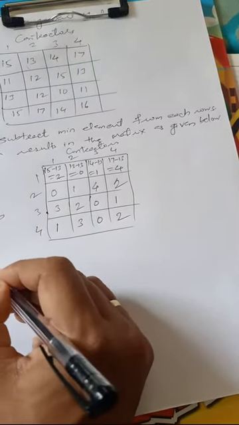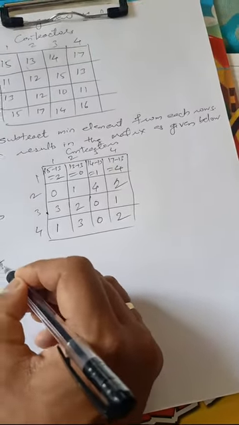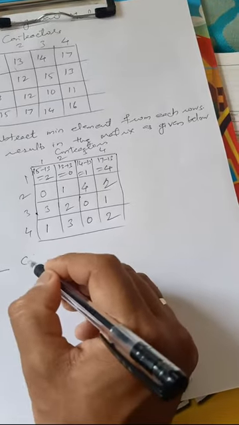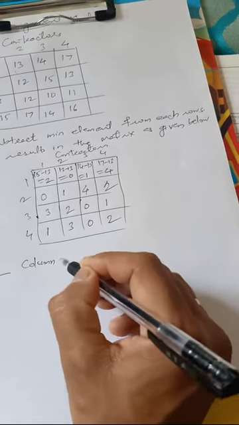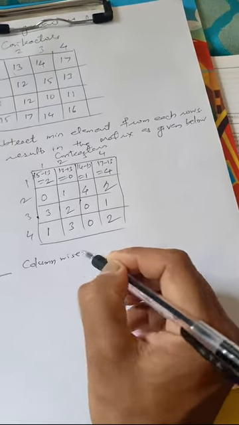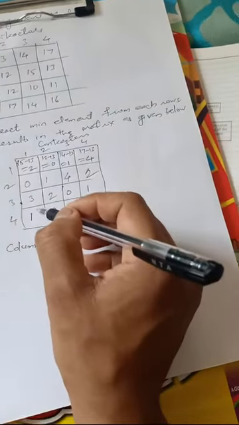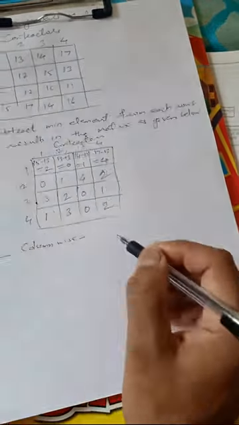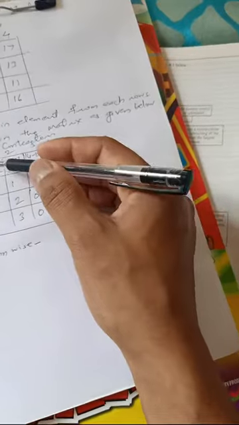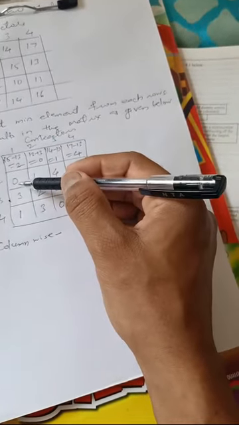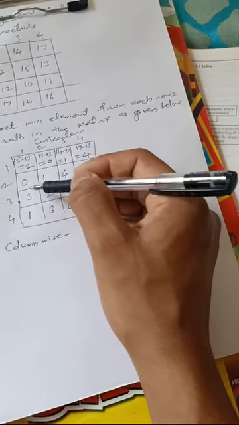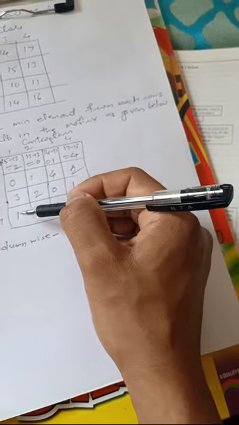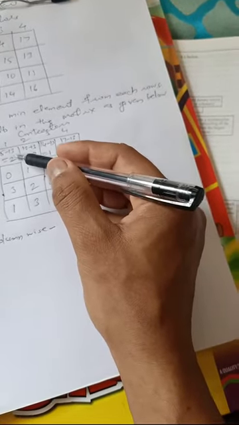Repeat the same procedure column wise. That means identify the minimum element in each column and write down the matrix again. So if you see in the first column, the minimum element is 0, so there will not be any change in the column elements.